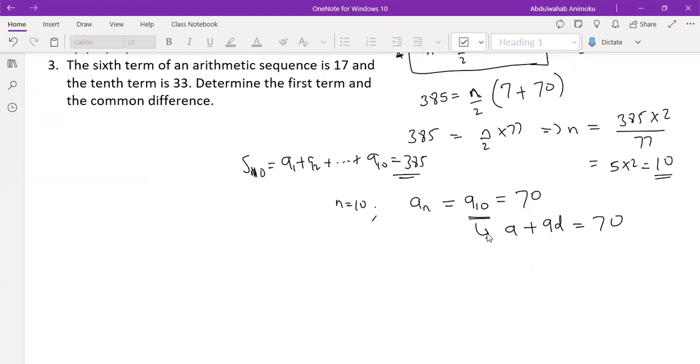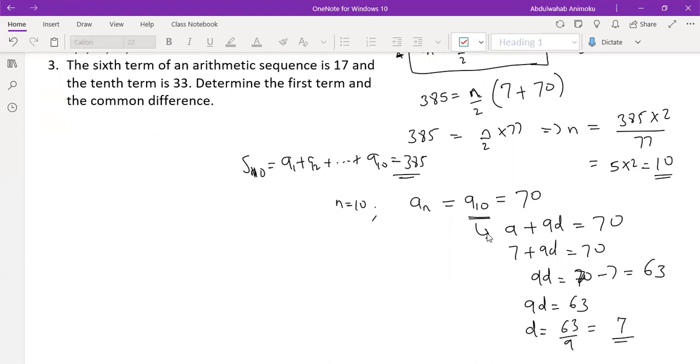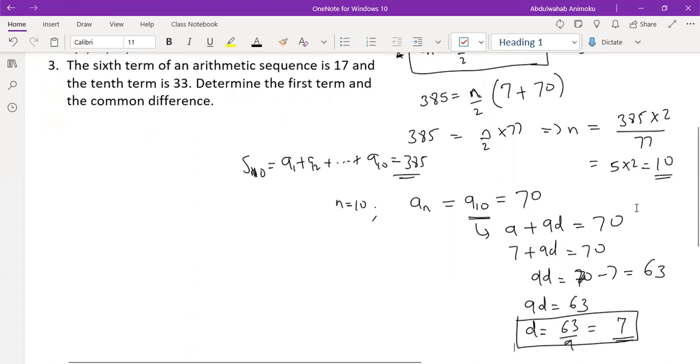And you know that your a is 7. So you have 7 plus 9d equal to 70, which is 9d equal to 70 minus 7, which is 63. So d is equal to 63 divided by 9, and that gives us 7. So your common difference is also 7 in this case, the same as your first term. Now that is how to solve this particular problem.